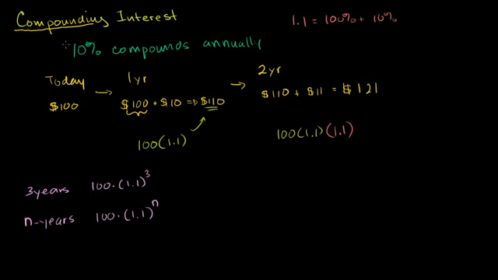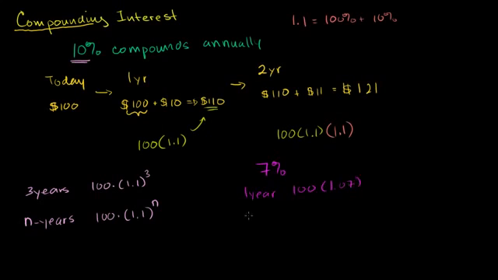And that's in the situation where we're dealing with 10%. If we were dealing in a different reality with 7% compounding annual interest, then after 1 year we would have 100 times, instead of 1.1, 100% plus 7%, or 1.07.